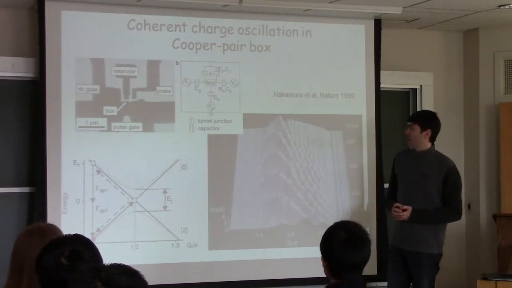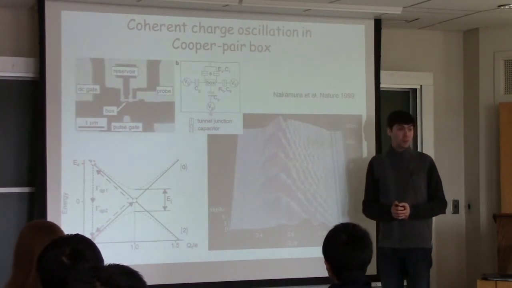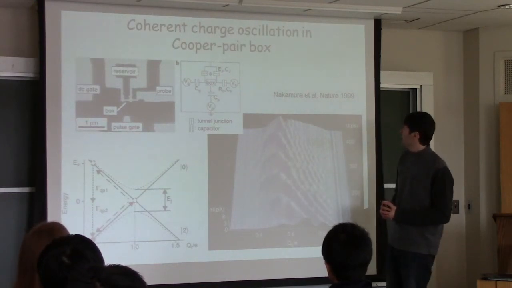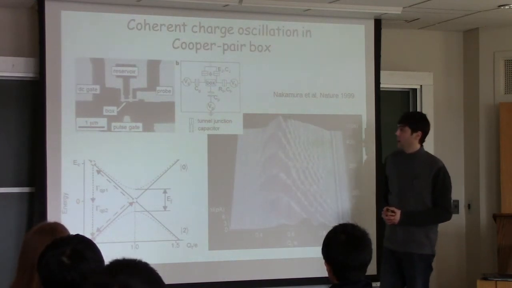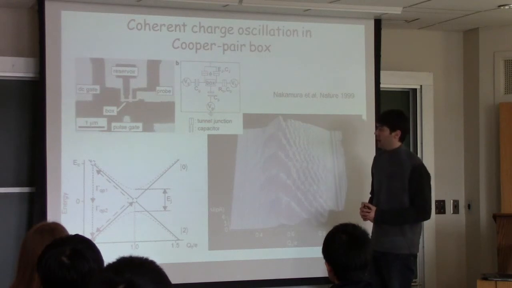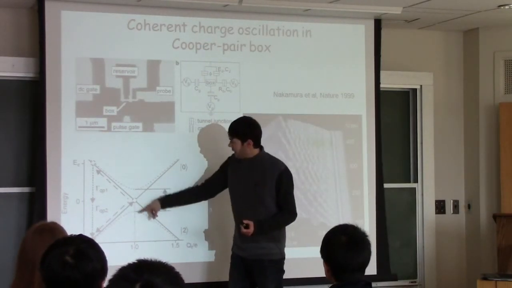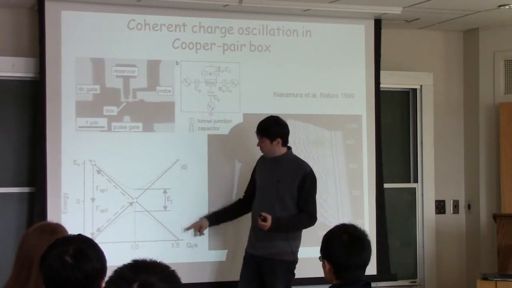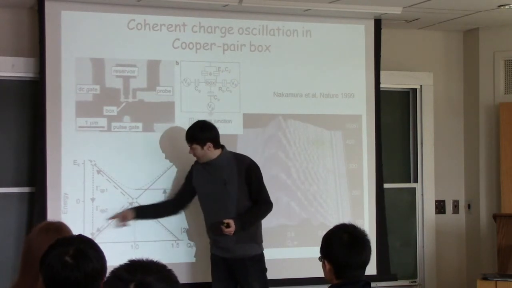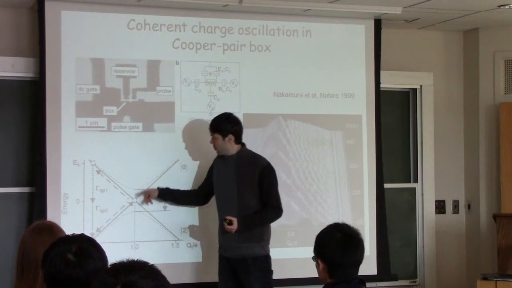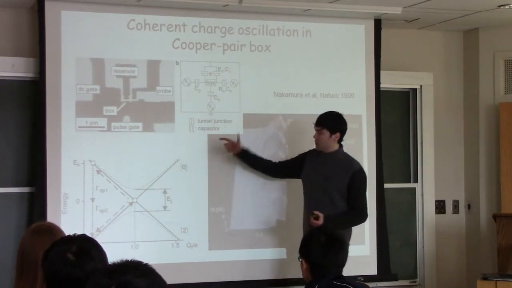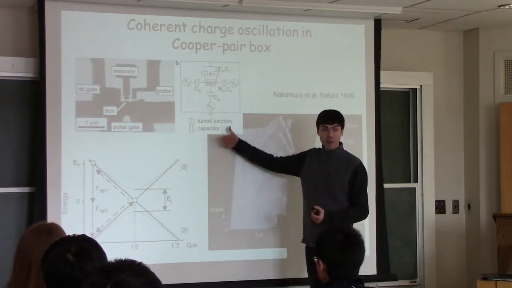This qubit was demonstrated, actually the first of all these qubits, in 1999, quickly followed by a flux qubit. What you do here is you sweep through the anti-crossing between 0 and 2 Cooper pairs, and you go back and forth. At this degeneracy point, you observe swapping of charge in and out of the island.